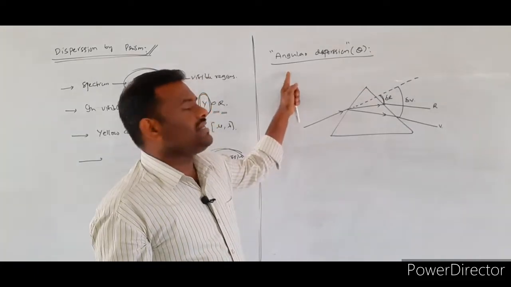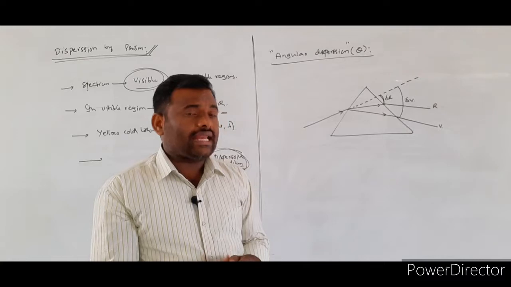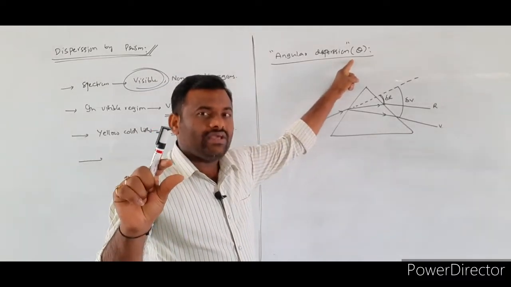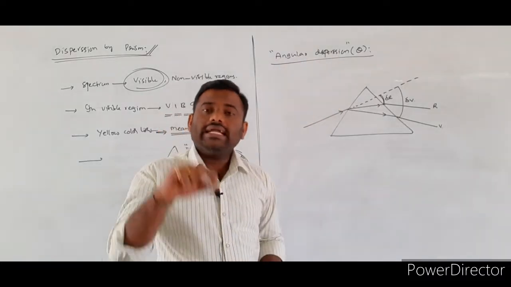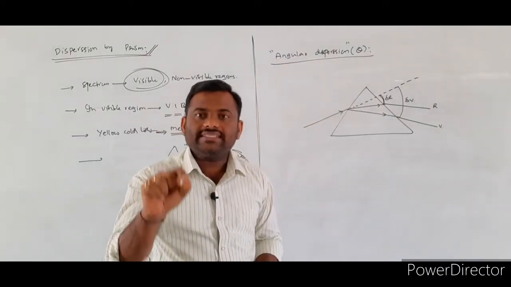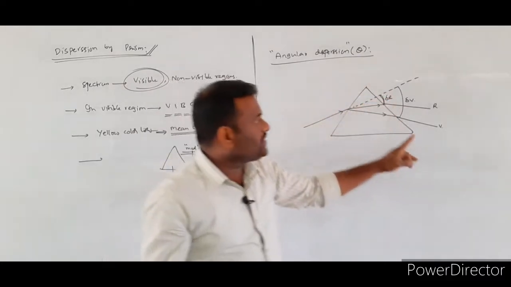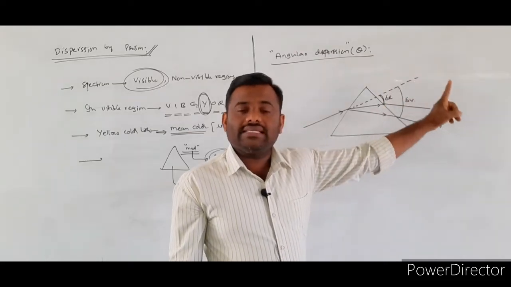Once again, how can we define the angular dispersion? Angular dispersion is nothing but an angle. That angular dispersion is the difference in angle of deviations of any pair of colors of the light.